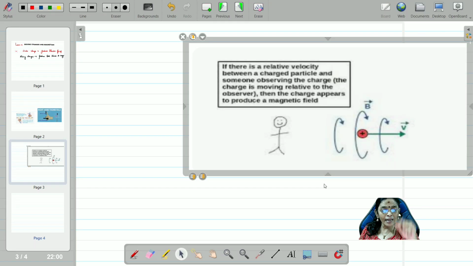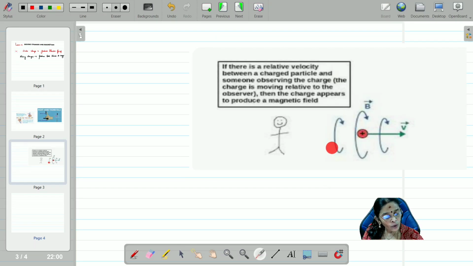So if there is a relative velocity between the charged particle, which is the charged particle here? The water molecules are the charged particles. And someone observing the charge, who is observing? It is you. The charge is moving relative to the observer, then the charge appears to produce a magnetic field around it.